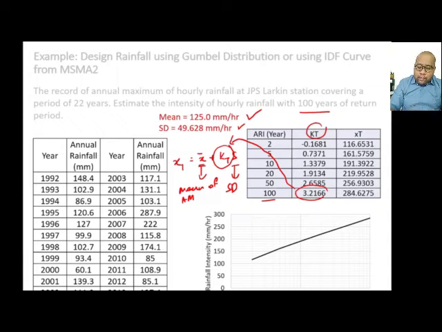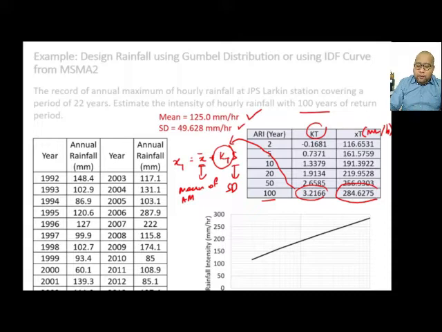If you solve this by substituting the mean and the standard deviation, you will get 284.62 millimeter per hour.